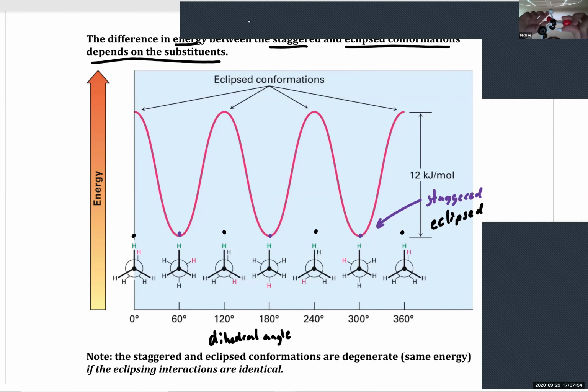So 1, 2, 3, 4, 5, 6. And at each 60-degree rotation, we observe our conformation and we assess the energy.